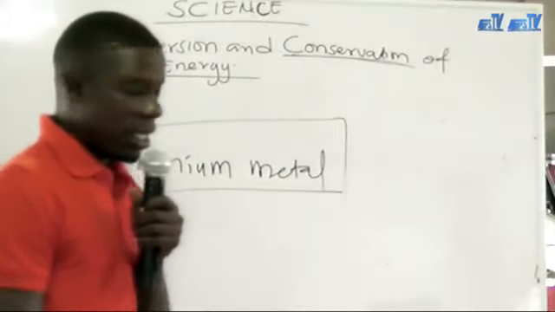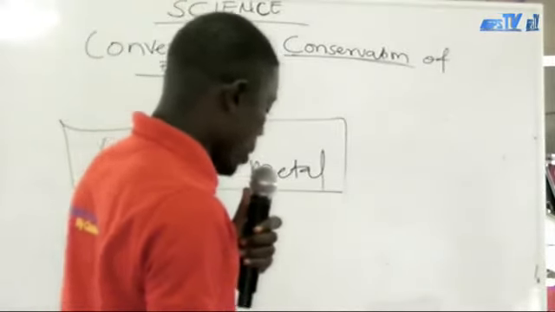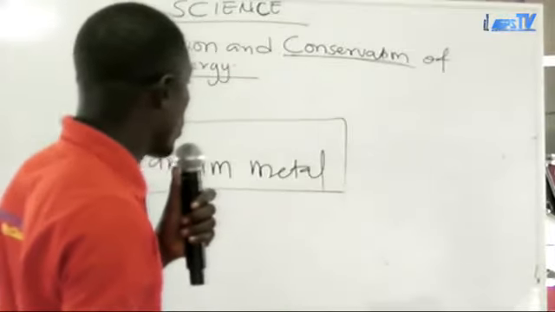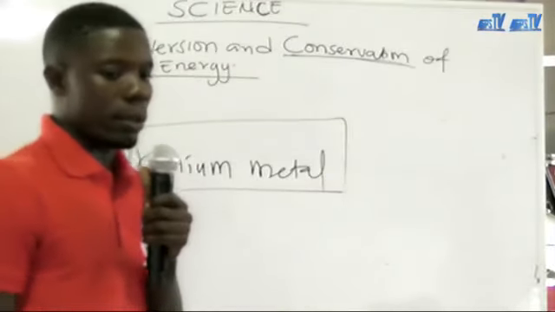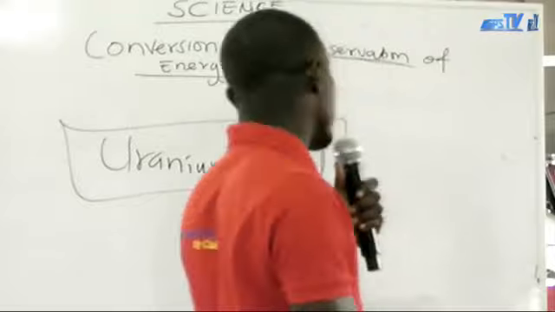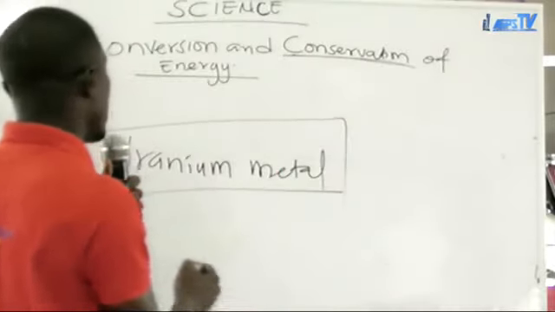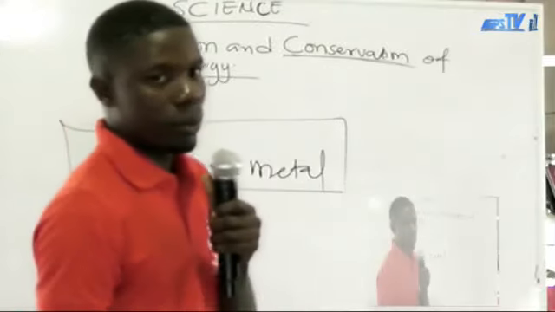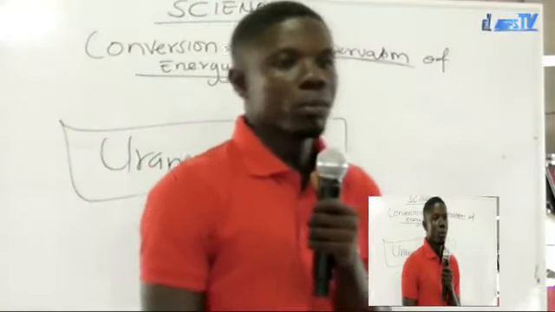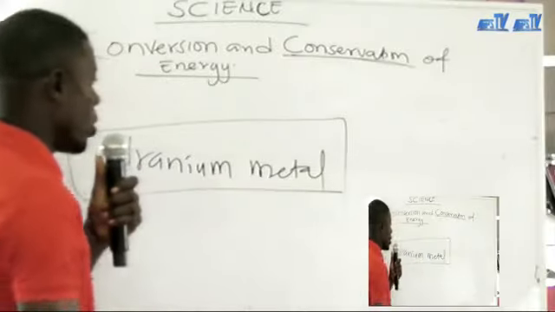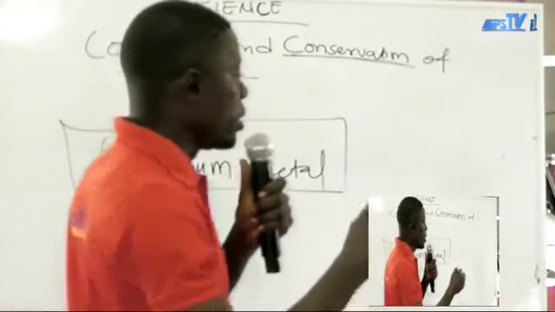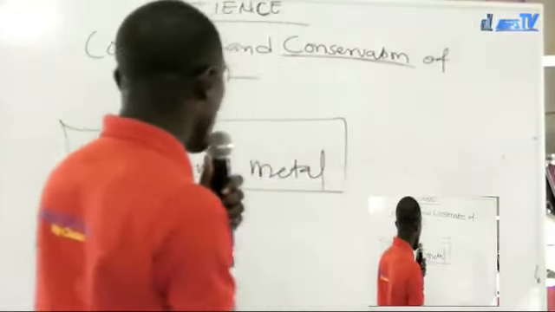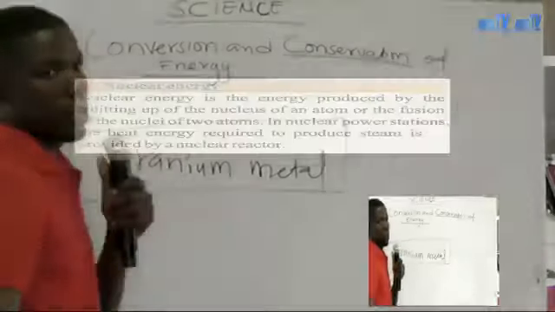This one is used in the production of a lot of weapons. And if you go to the Western world, they normally use this one to generate electricity. We call this the nuclear power station. They don't use the hydroelectricity. They normally use the nuclear energy to produce electricity.